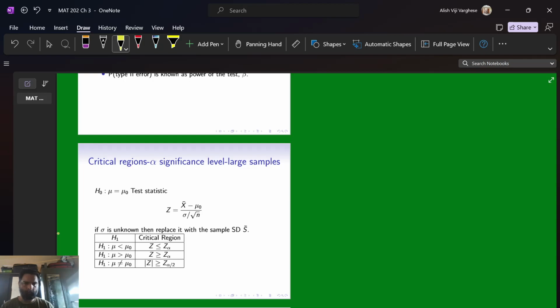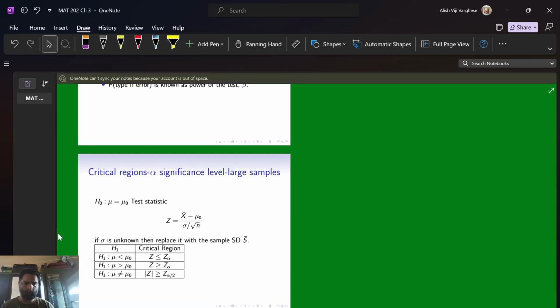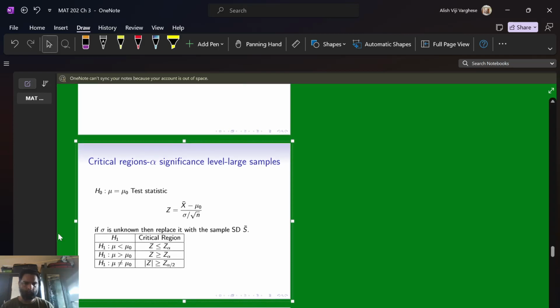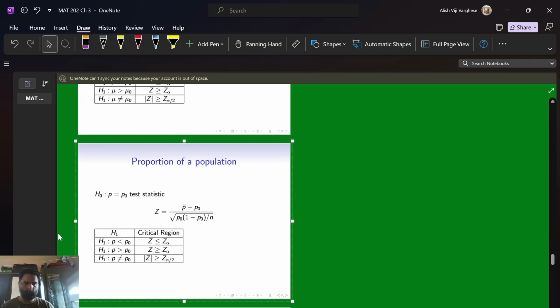Sigma is the population standard deviation, and n is the sample size. If the population standard deviation is unknown, then we can replace it with the sample standard deviation in the case of large samples.